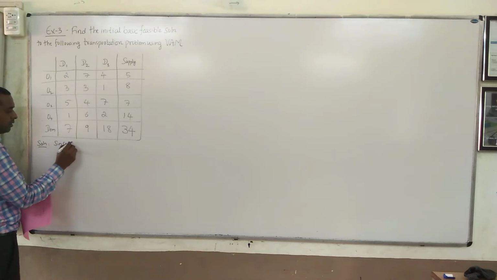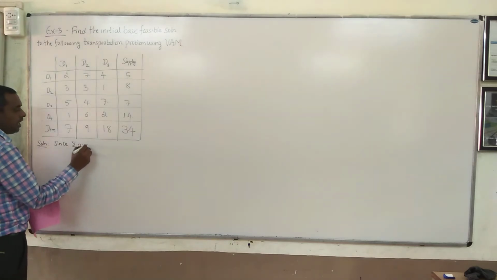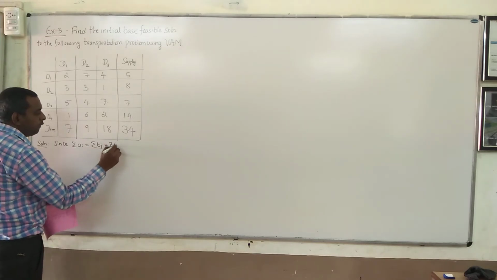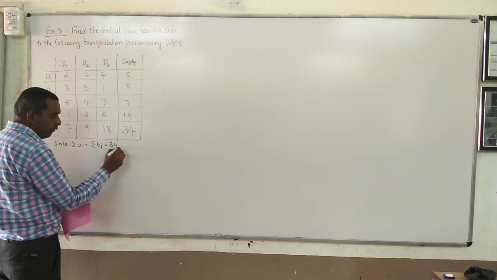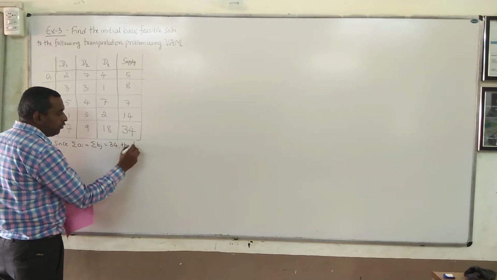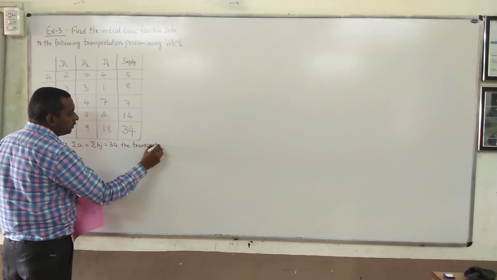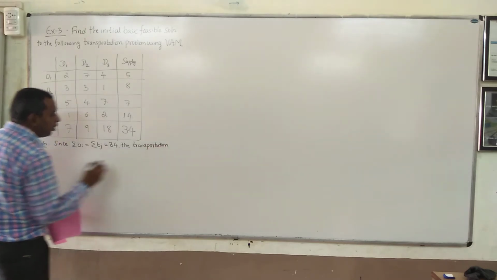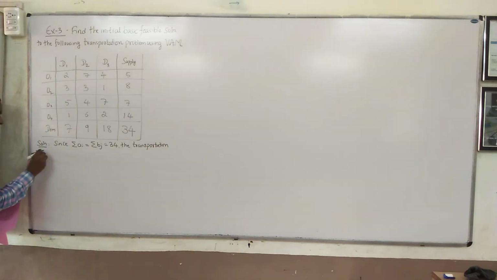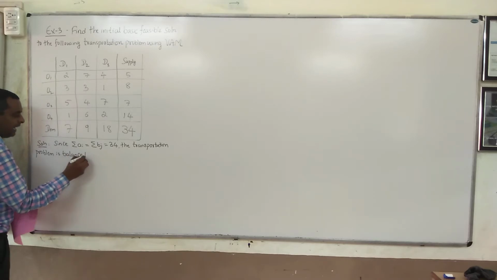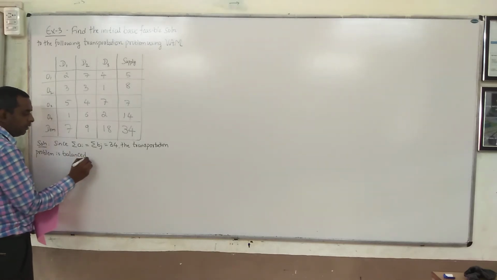So solution here: since summation ai is equal to summation bj, that is equal to 34, the transportation problem is balanced. Fine.